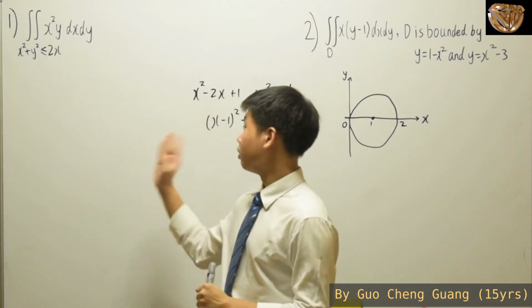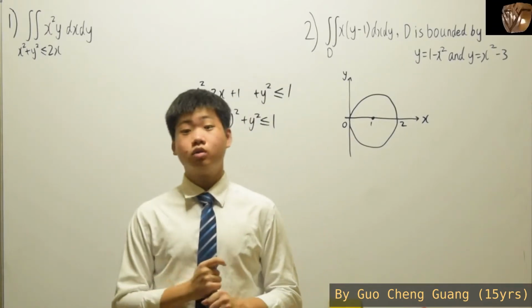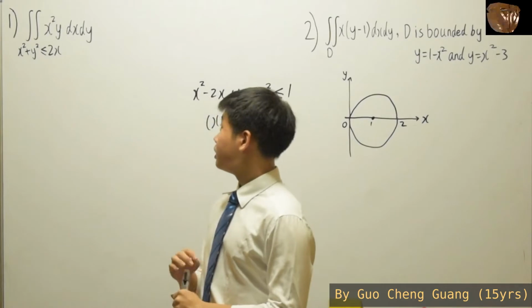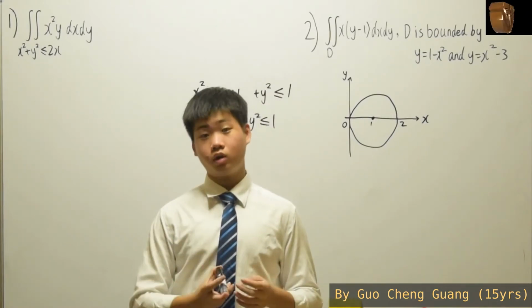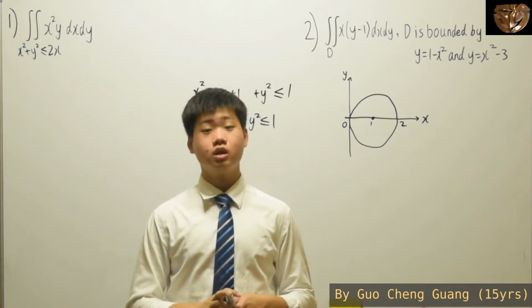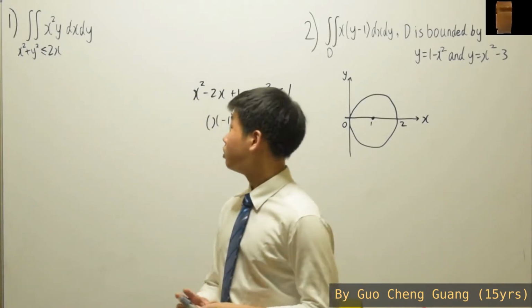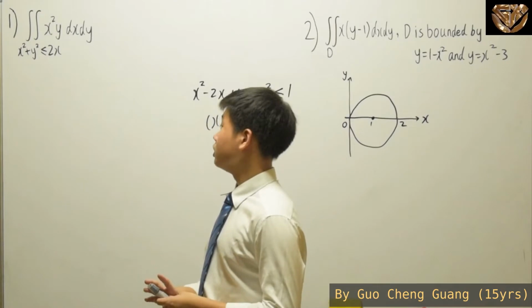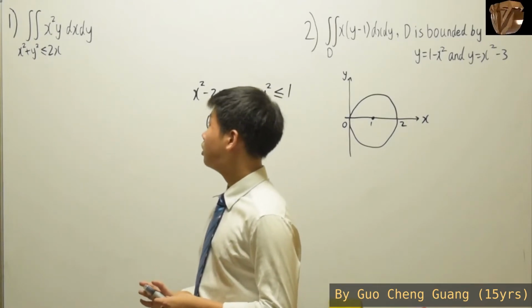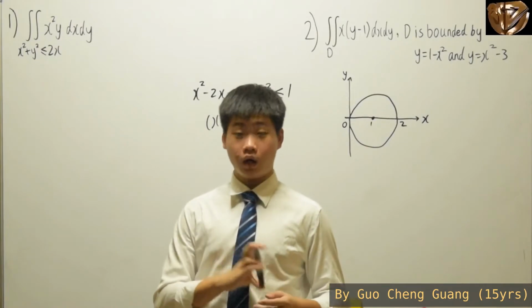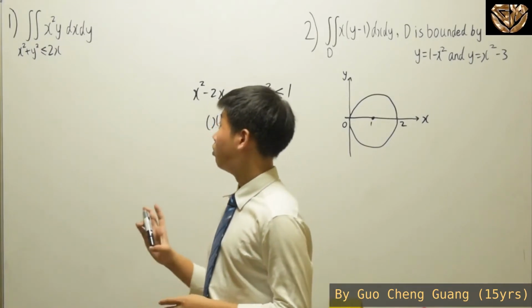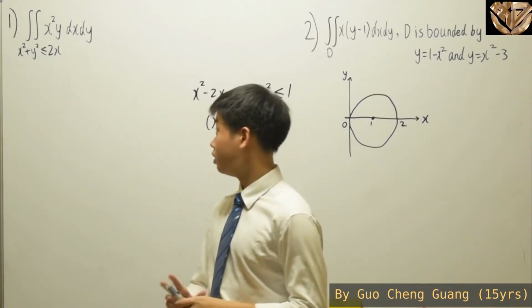Now take a look at what kind of integration we have. So whether it starts from x or y, whether you want to do it with polar coordinates or Cartesian coordinates, it doesn't really matter. So if you want to change it into polar coordinates, well, you have x will be r cosine theta, while y is r sine theta.